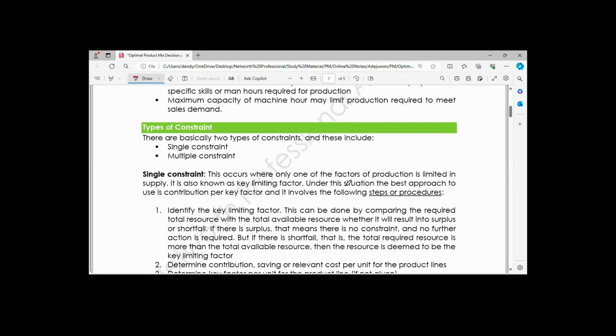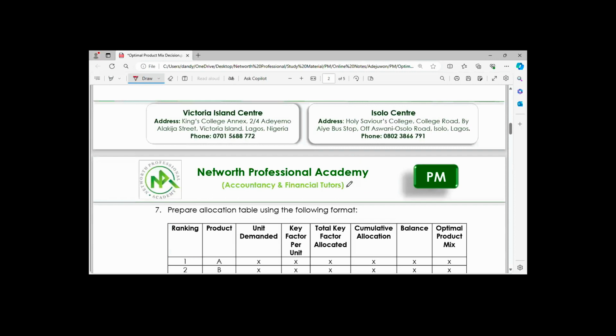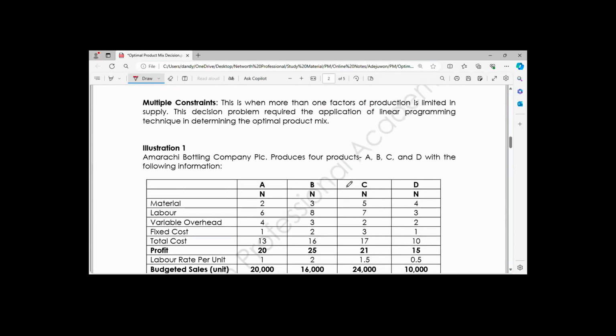So if that is the case, how do you allocate resources when there is a single constraint? Our focus today will be where you have a single constraint, which is using the key limiting factor, optimal mix. Therefore, how do you allocate resources when only one constraint is limited in supply?